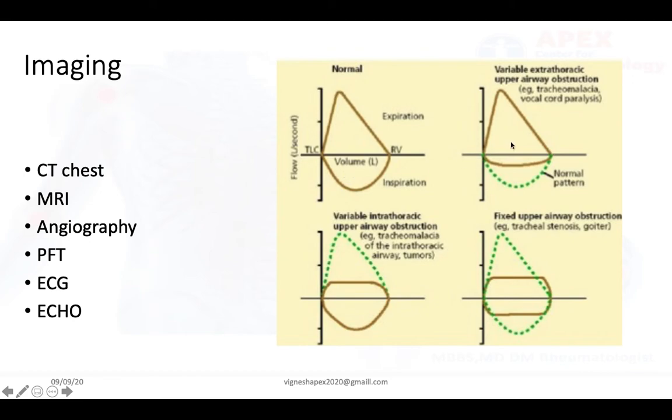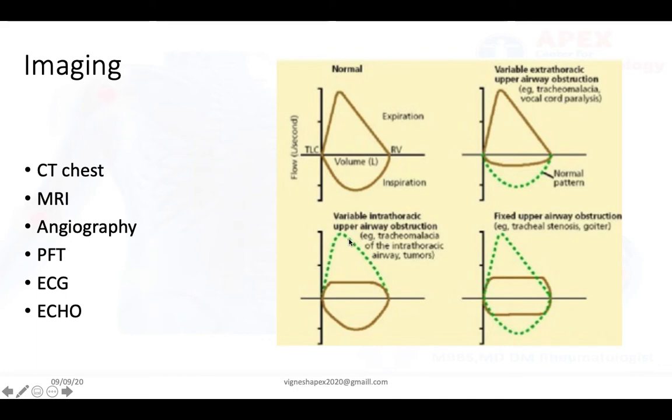Okay, as I told you, when the patient has tracheomalacia in the extrathoracic compartment, what do you get? You will have difficulty in inspiration, but the expiration would be normal. So what happens is a squaring of your inspiratory loop. Okay, so this obstruction is variable because it is only a malacia, it is not a stricture.